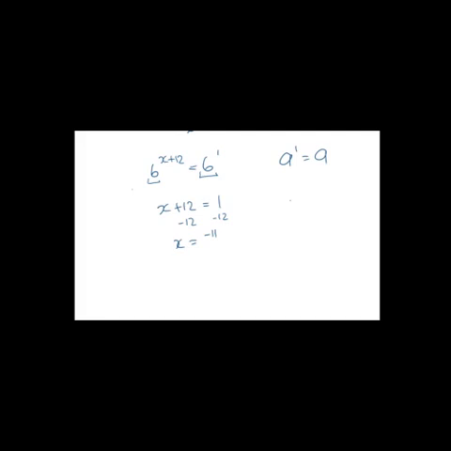Let's test it out. 6 to the power of negative 11 plus 12 equals 6 to the power of 1, and that is 6. That's kind of a mini proof. That's how that works.